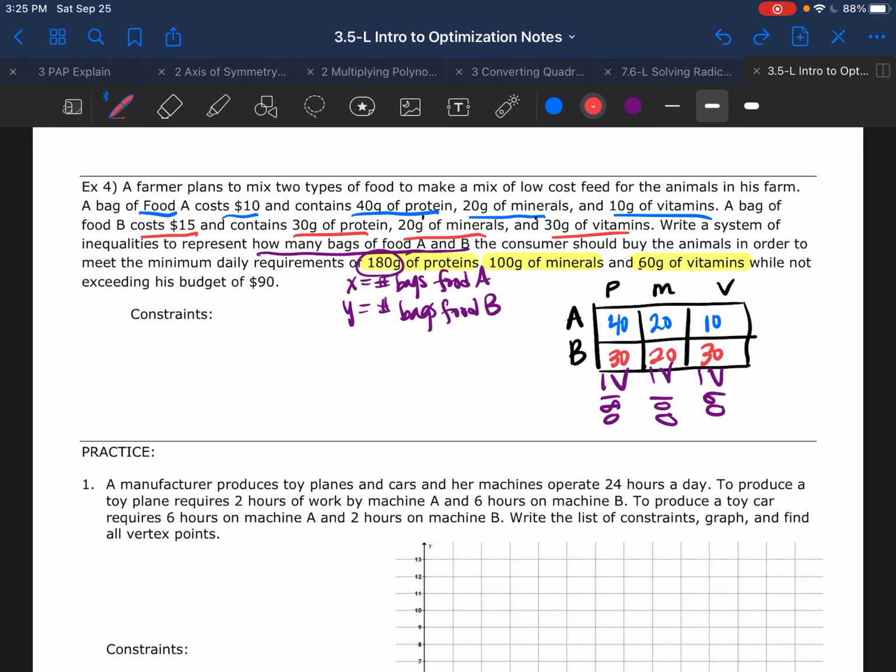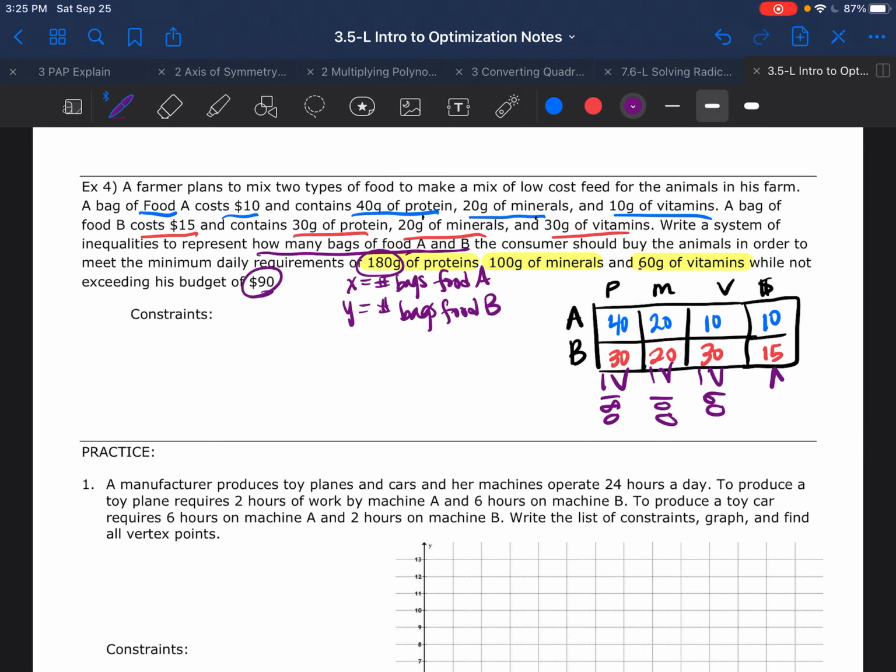But then if we're keeping track of the money as well, food A costs $10 and food B costs $15. And we can't exceed the budget.